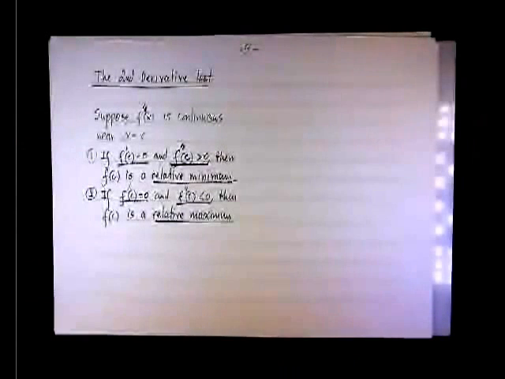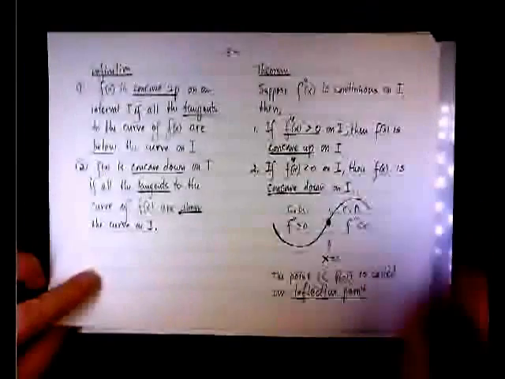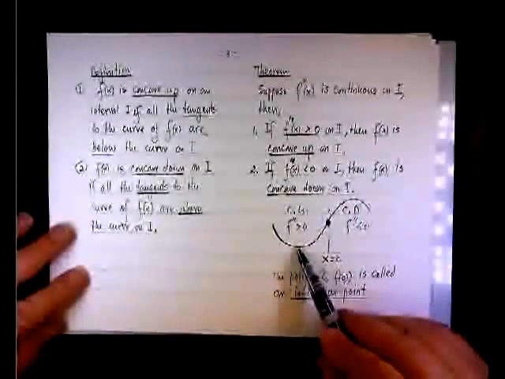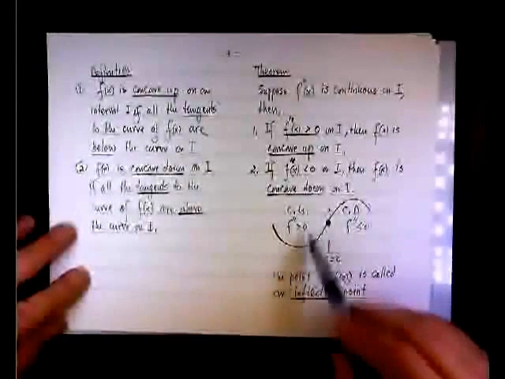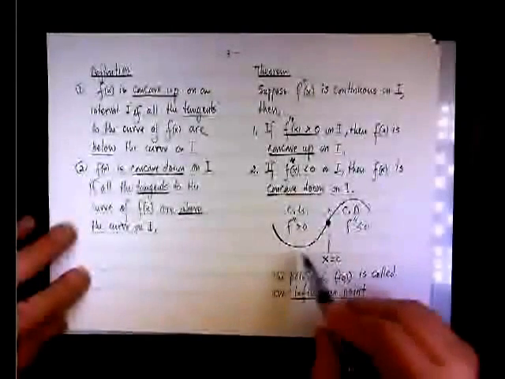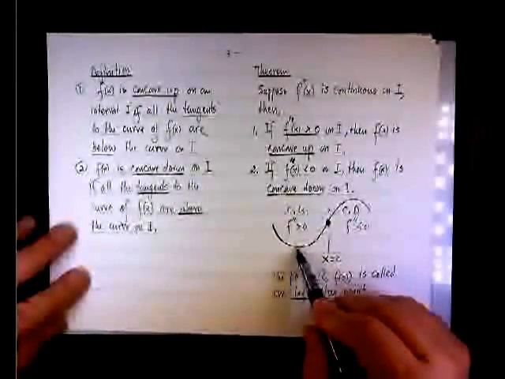Now, to understand it, let's go two pages ago and look at this little sketch on my page 5. It's clearly a relative minimum here. For this to be a relative minimum, we need the first derivative to equal 0.